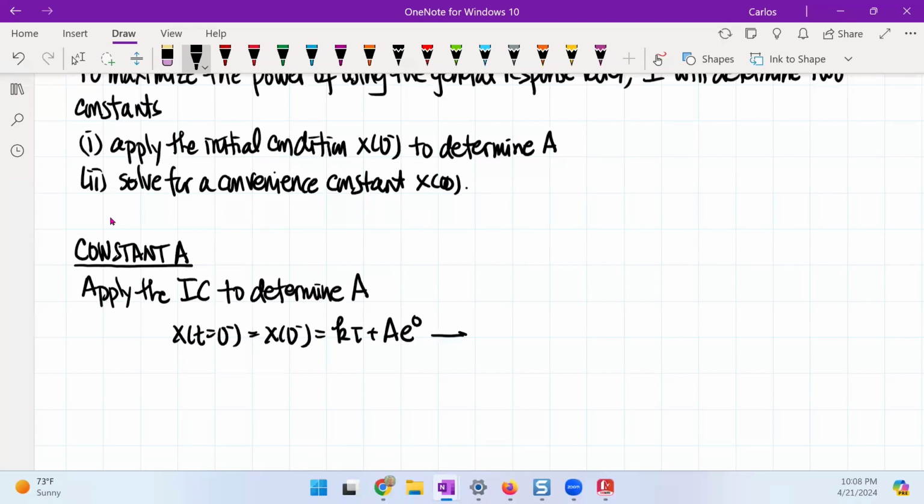This immediately tells me that my A constant is now x of 0 minus minus k tau. So that's my first constant right there.